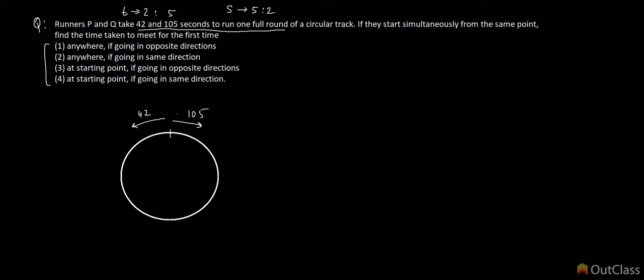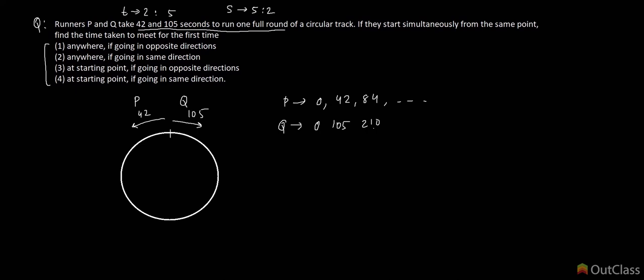P is going to be at the starting point at every multiple of 42. Q's lap time is 105, so at 0, 105, 210, etc. Q will be at the starting point.